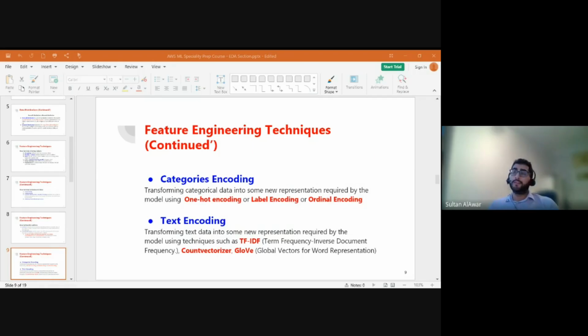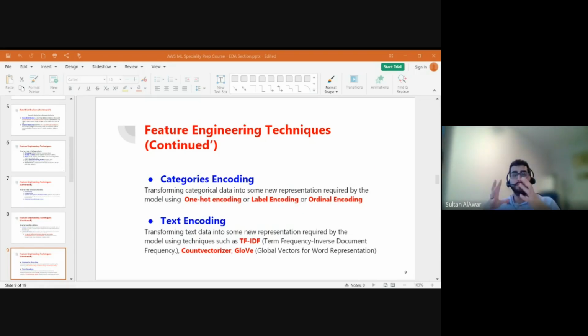Also, if we are dealing with text data, we need to think of a strategy to transform the text data into numeric embeddings or representation. There are different techniques that could be used in this context, such as TF-IDF, which stands for term frequency inverse document frequency, or CountVectorizer, or GloVe, which is an ML algorithm that stands for Global Vectors for Word Representation.